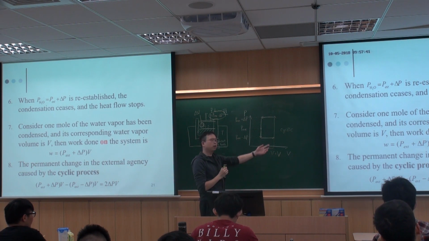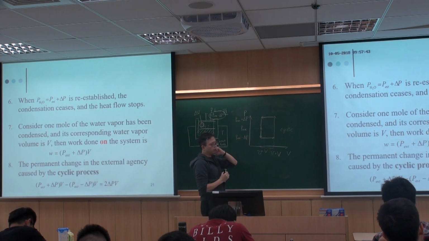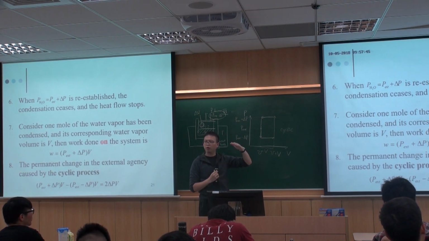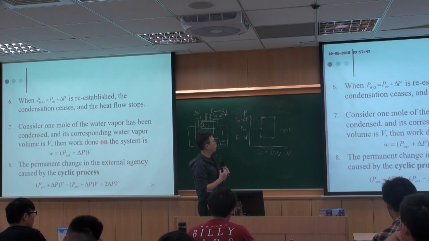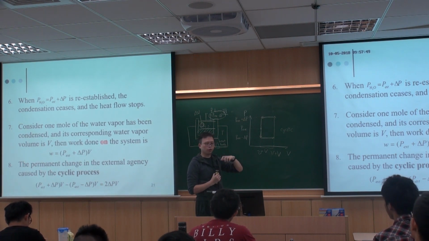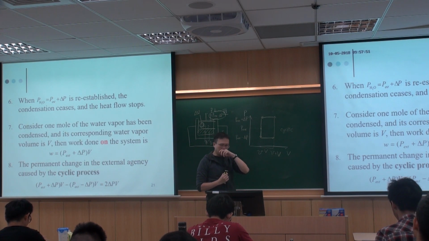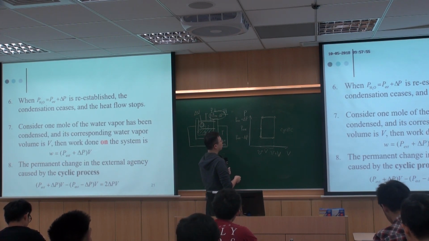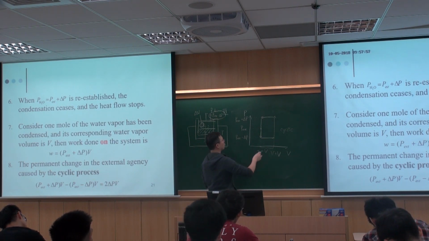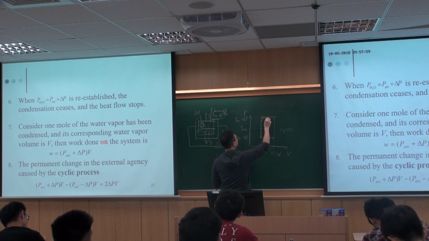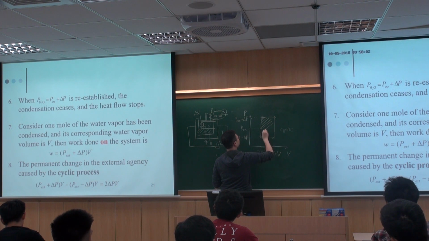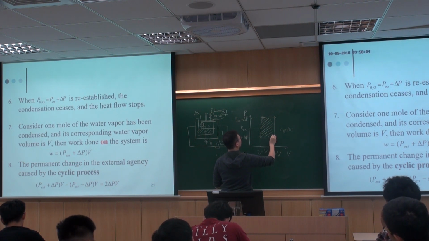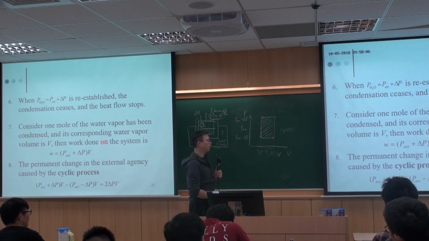Then we're making a cycle, and the piston is moving back and forth continuously. And during each cycle, the work done by the system actually is done on the system. It's the area over here.